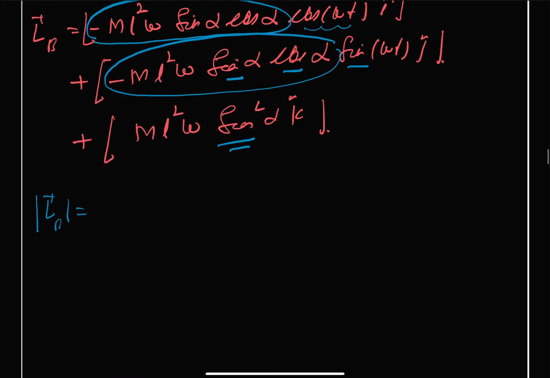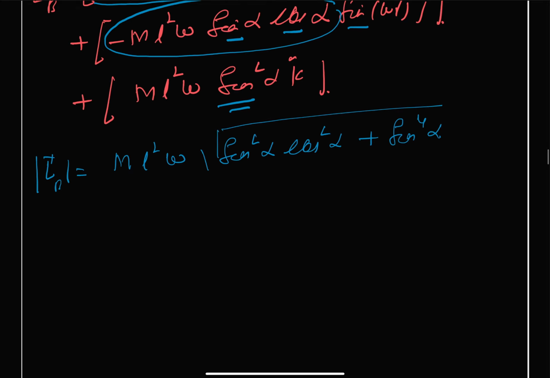Okay. So we can write this will be equal to m L square omega, and we will be left with sine square alpha cos square alpha plus sine 4 times alpha, and its square root.